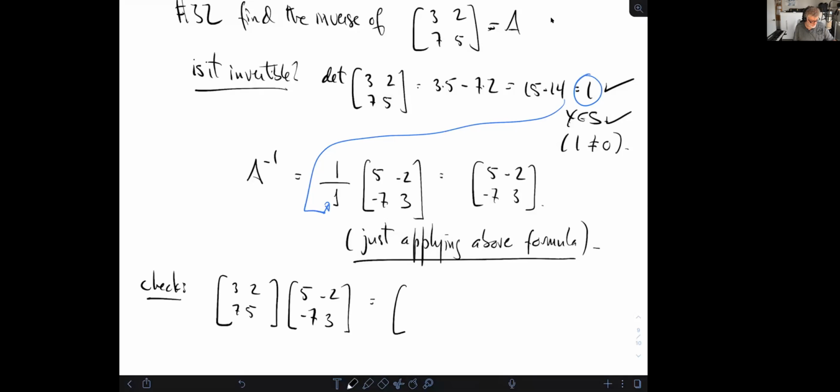That's 15 minus 14, this is 1. Minus 6 plus 6 is 0. 35 minus 35 is 0. Minus 14 plus 15 is 1. Yep. Again, I should check that the product in the other direction is also the identity, but although this is not an obvious fact, we know that if we do it in one direction and get the identity, then it's also true for the other.